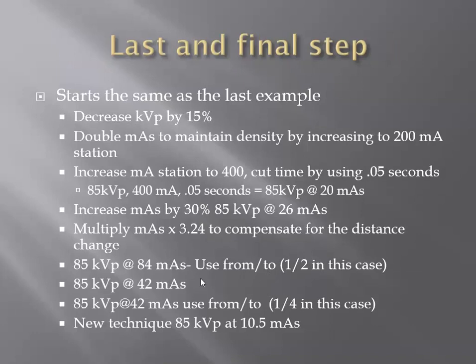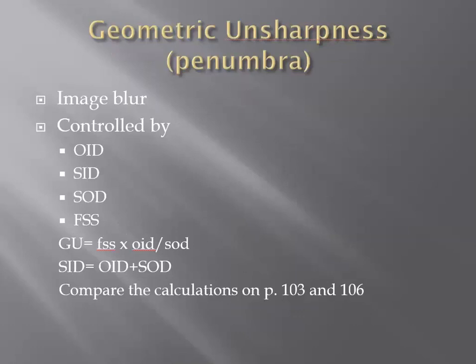So our new technique, after we ran through all that, because our Bucky factor is 4, would be to divide 42 by 4, and that should give us 10.5 mAs. So largely that was all about contrast, density, visibility factors. So now we're going to look at geometric factors.